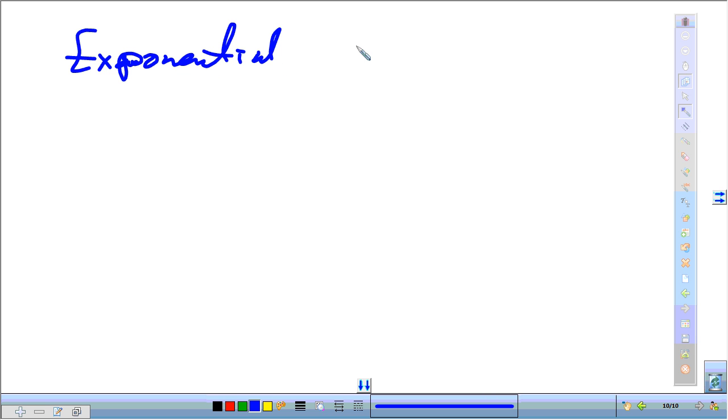Now, let's look at it. Go back, we had exponential functions. Logarithms come by observing things about exponents in exponentials.